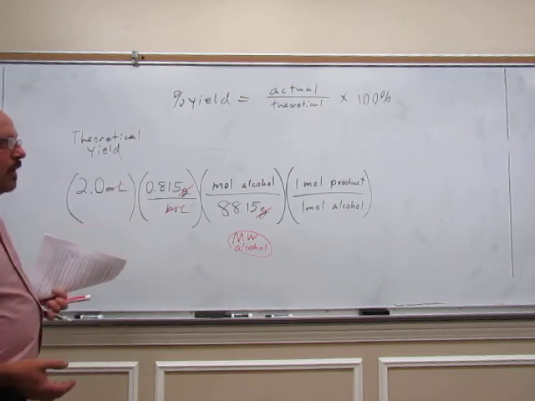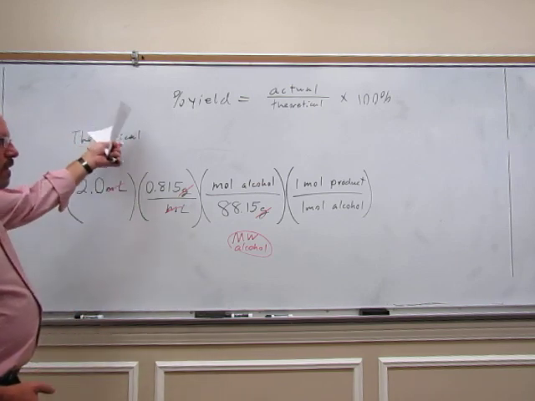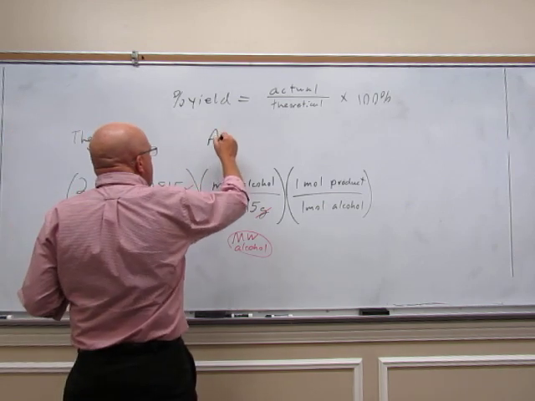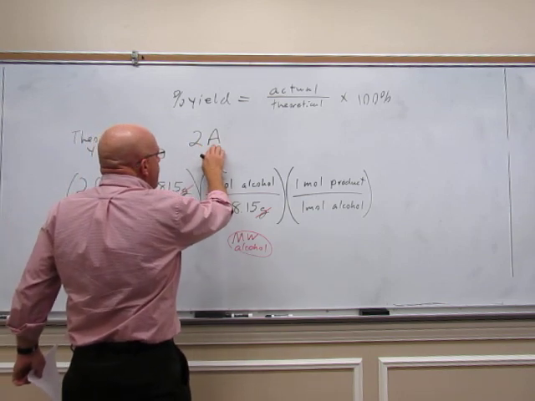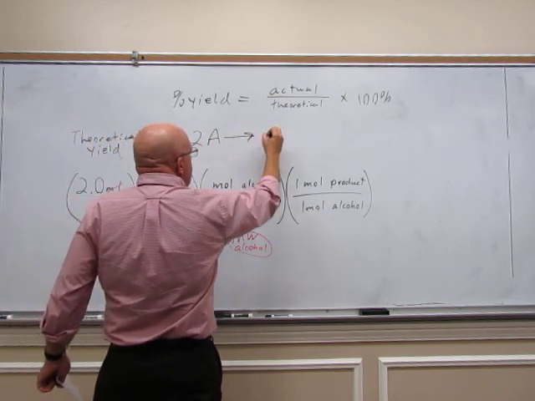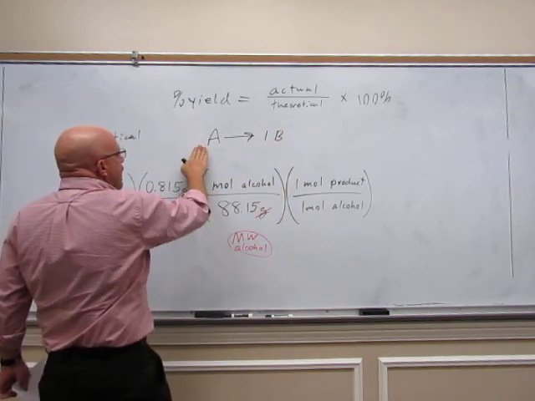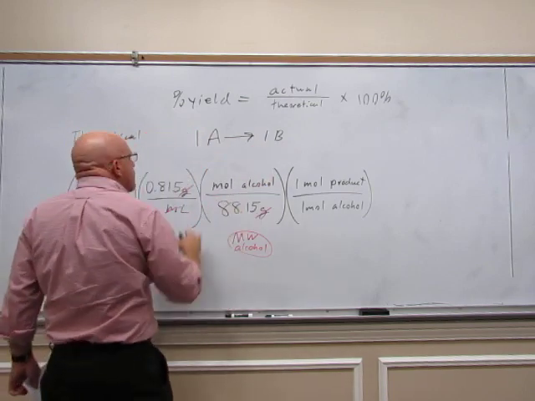Now we'll go ahead and put it in here, but it's not always the case. Sometimes you have a reaction, say, I'll use a generic A here, maybe 2 A's go to 1 B, something like that. But today, our reaction, 1 of the alcohol is giving us 1 of the product.